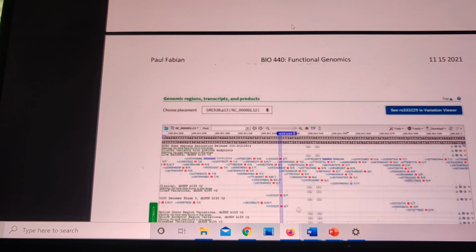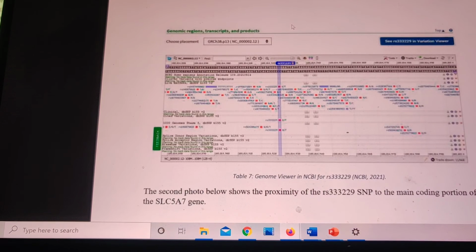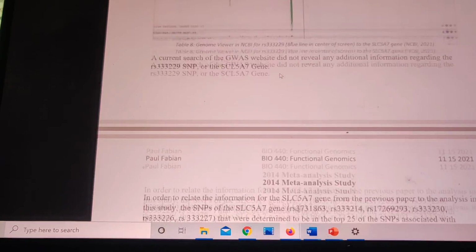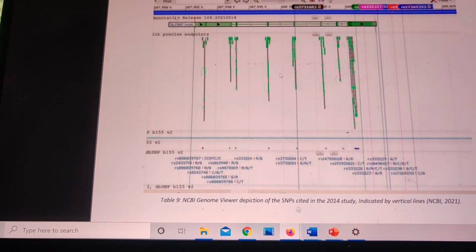When looking at the genomic region surrounding the SNP, there were quite a few SNPs that were also looked at in the multi-gene study. And as you can see here on table 9, there are multiple SNPs that are in the tail end of the SLC5A7 gene, which was the gene in question that controls the acetylcholine rate-limiting step.